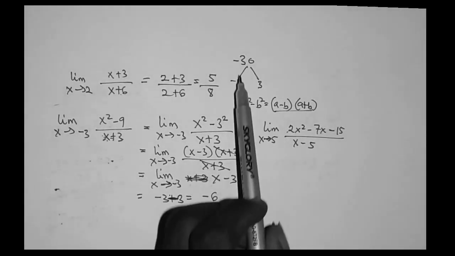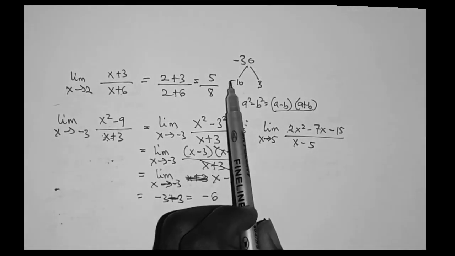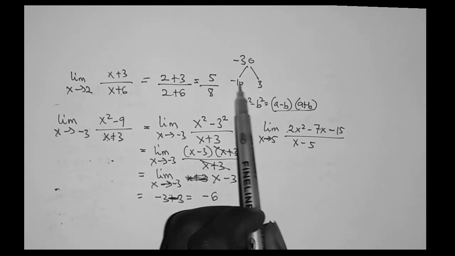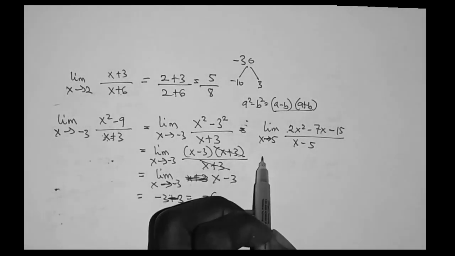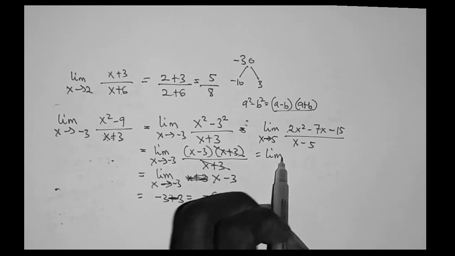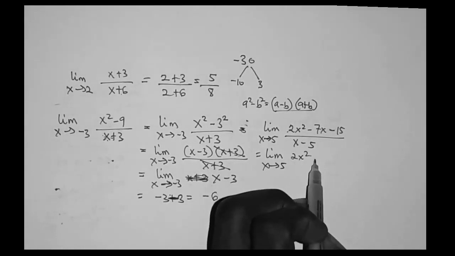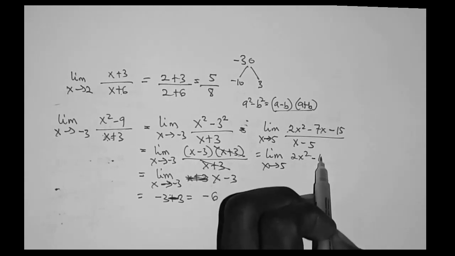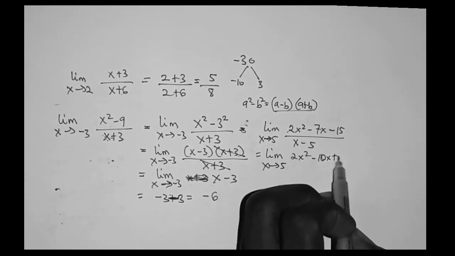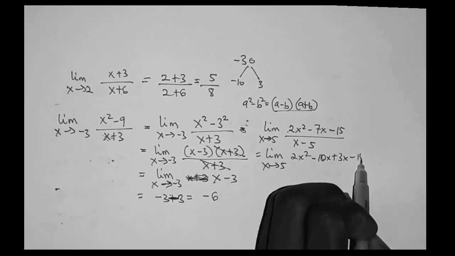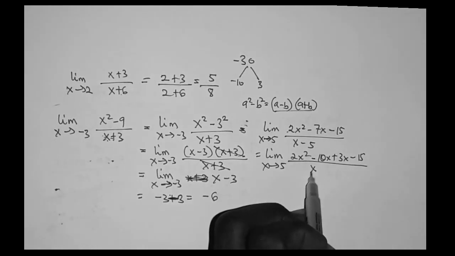Minus 10 times 3 is minus 30. However, minus 10 plus 3 is minus 7. So this limit is equal to the limit as x approaches 5 of 2x squared minus 10x plus 3x minus 15 divided by x minus 5.